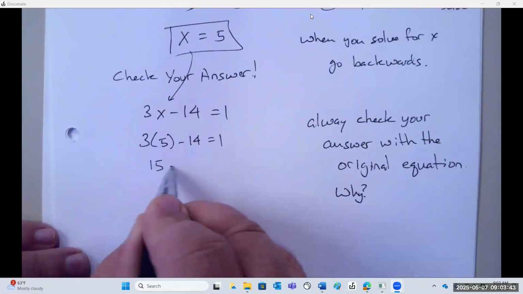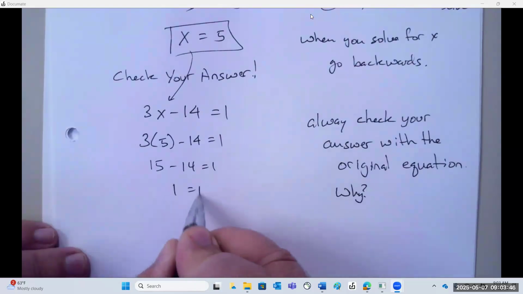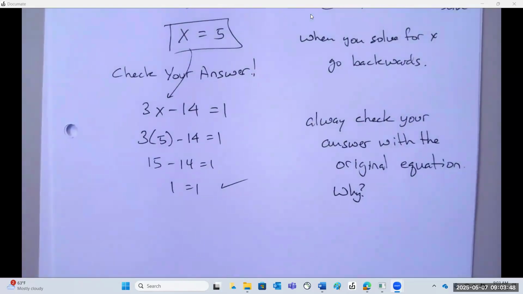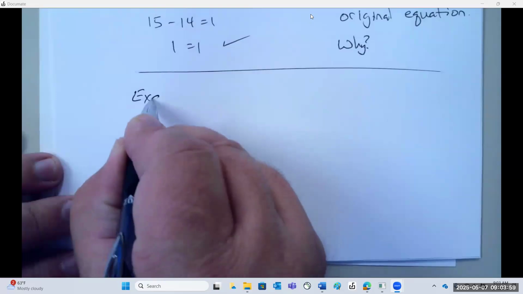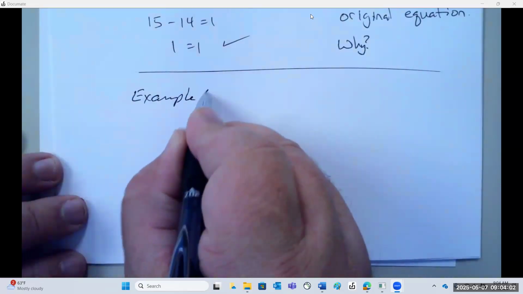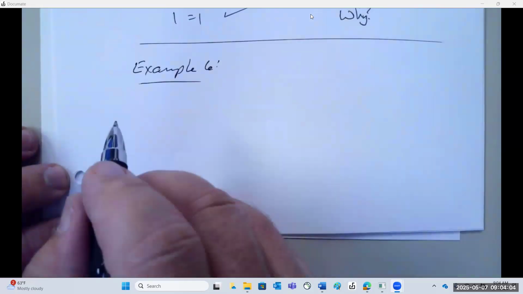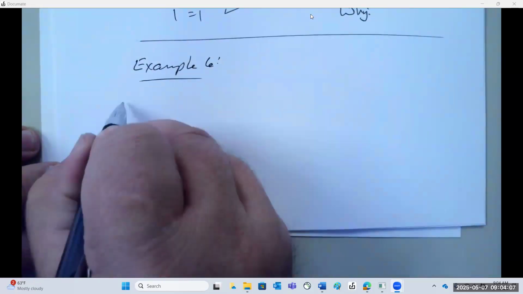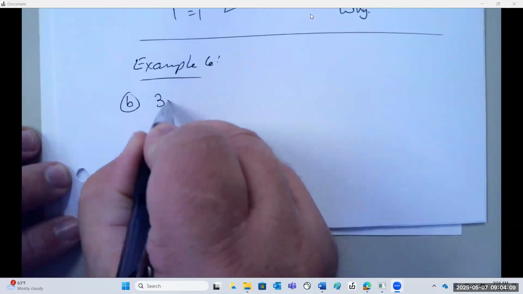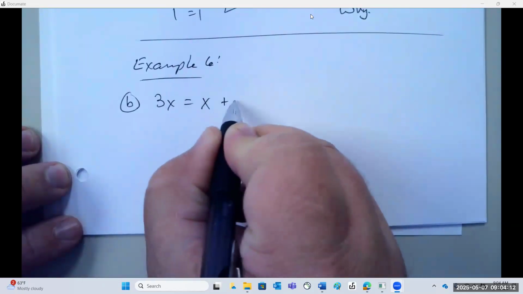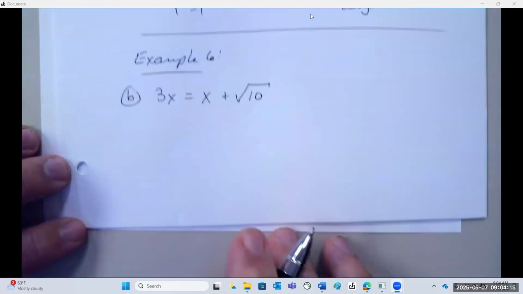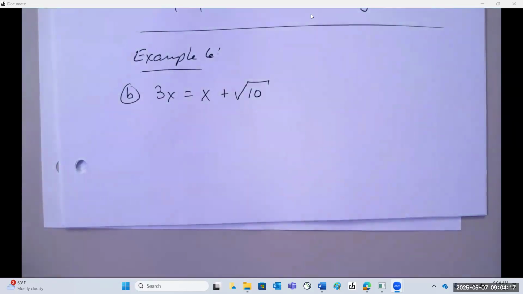So let's look at a couple of examples. What's my first step?